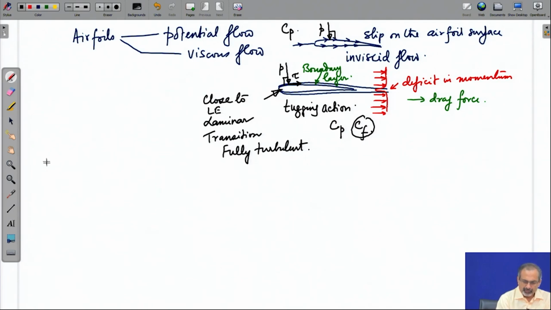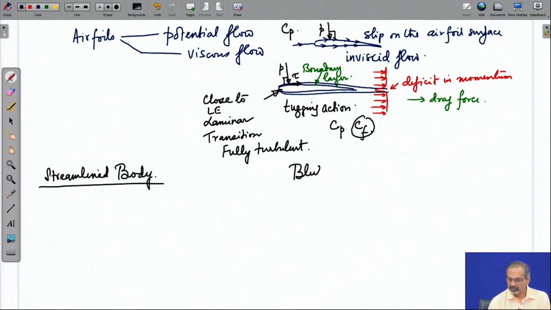Now, an airfoil is a streamlined body. On the other hand, we also encounter bluff bodies, and there are numerous aerodynamic applications also, in the sense that when you talk about the drag acting on a bus, it is by and large a bluff body, while airfoils, wings, aircraft are streamlined bodies.